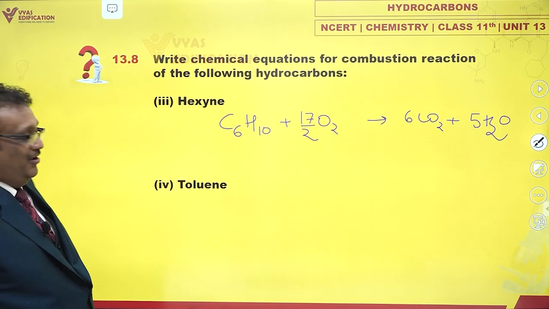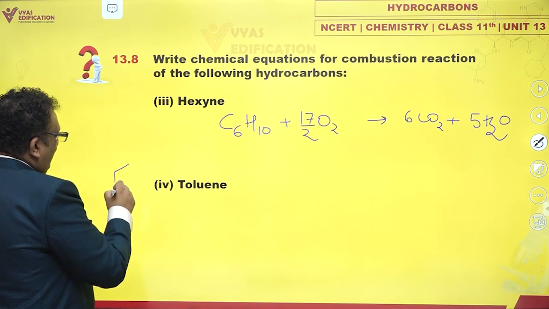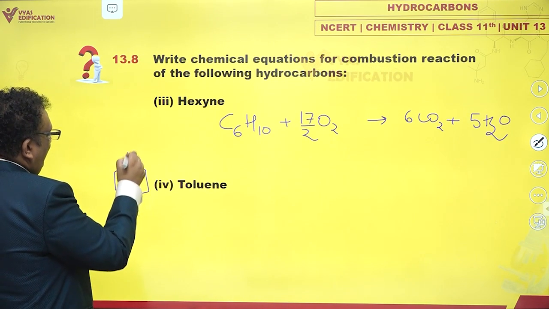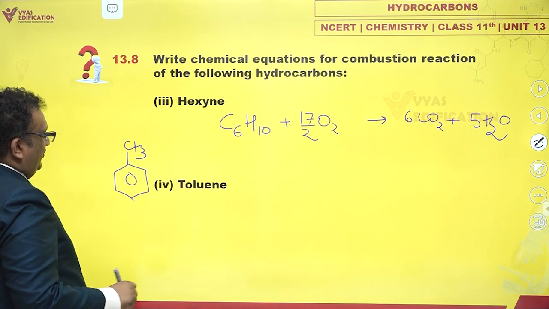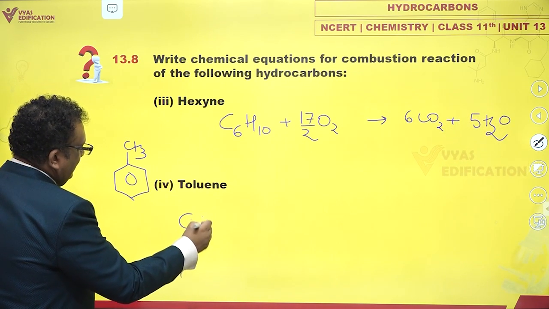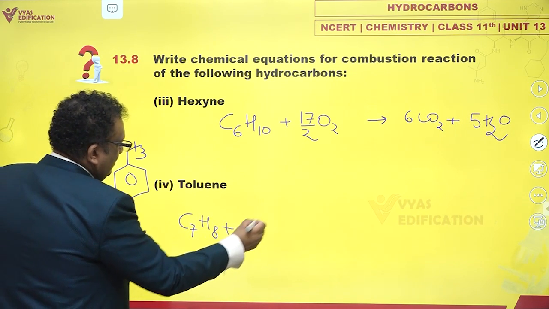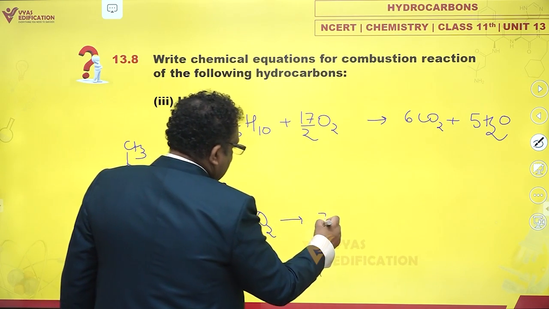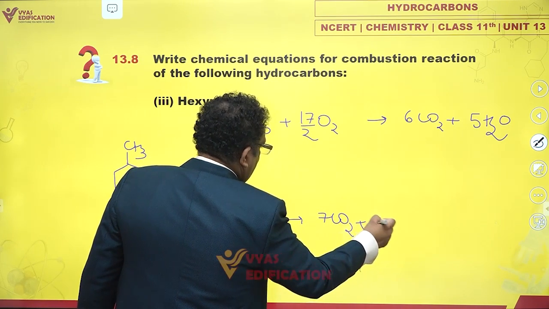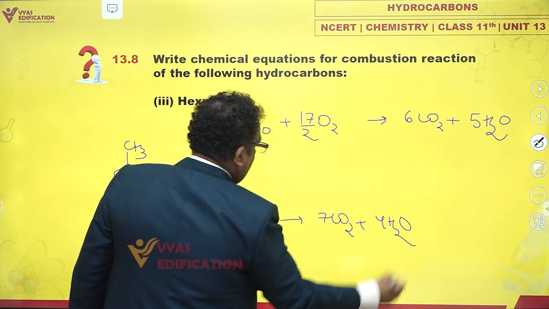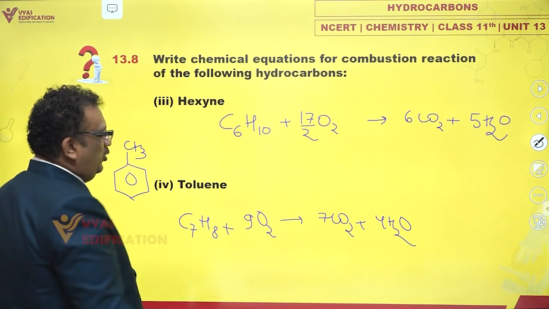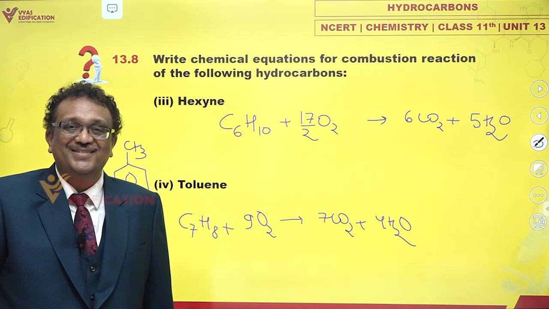And then you have the loveliest of all, toluene. What is toluene? This is our lovely toluene. What is the formula? This is C7H8. Let's burn it. Yes, 7 CO2 plus 4 H2O. That makes it 9 O2 in case you choose to burn it like this.